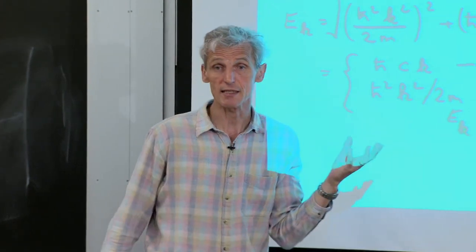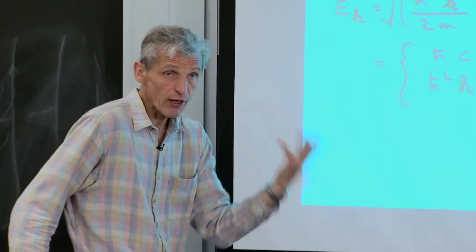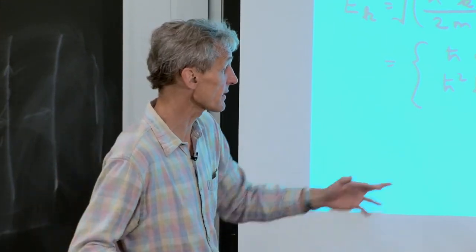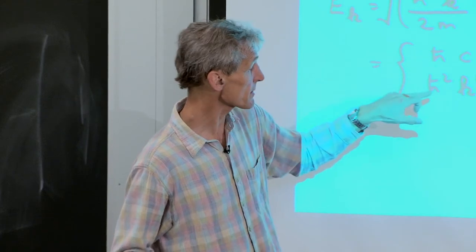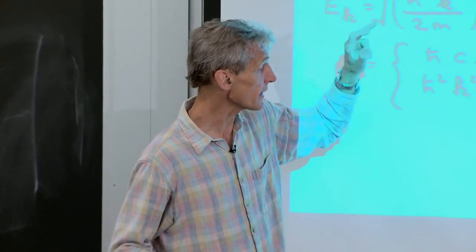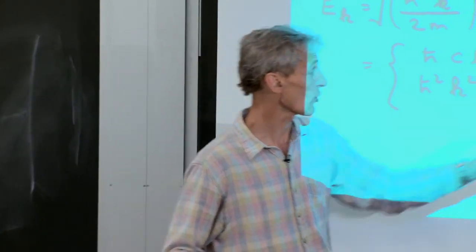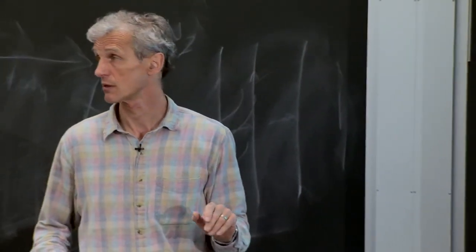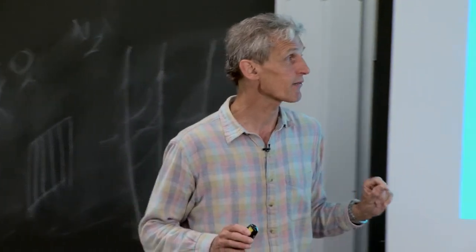But a low-lying excitation is affected in a major way by all these interactions with the Bose-Einstein condensate, and that turns the quadratic dispersion relation into a linear one, or you can say that turns a free particle into a phonon or a sound wave. So that's my review of last class.